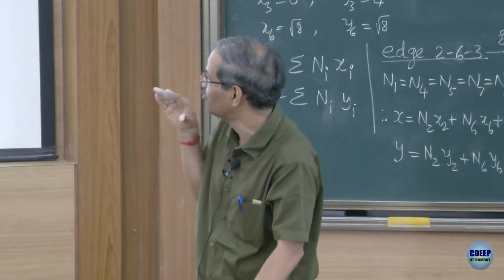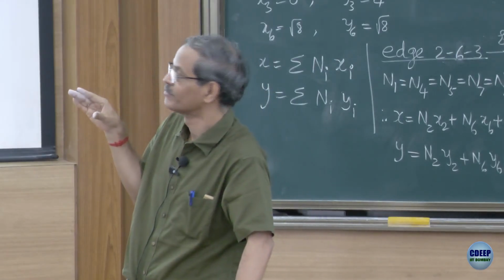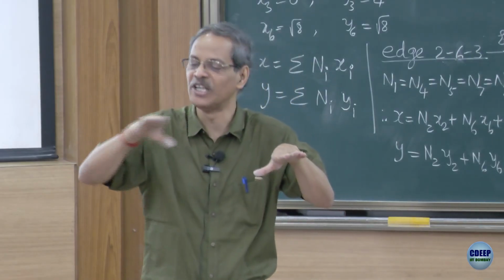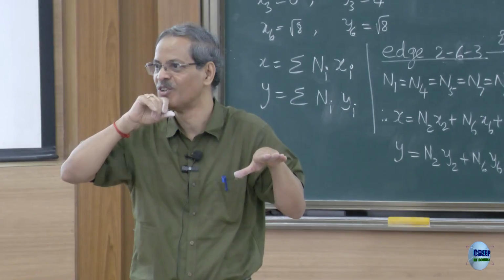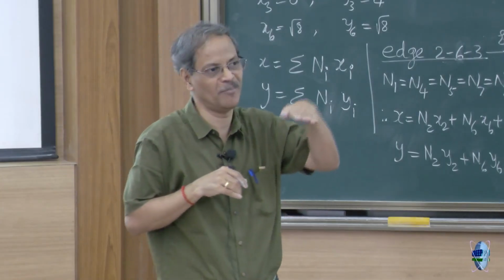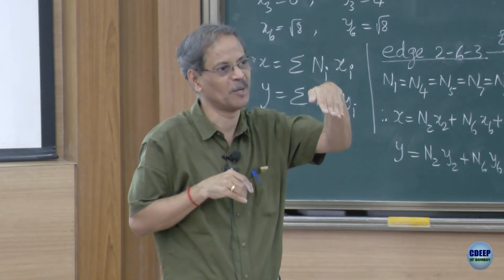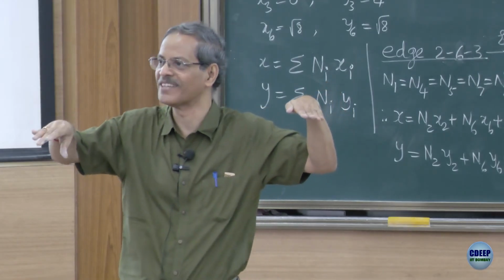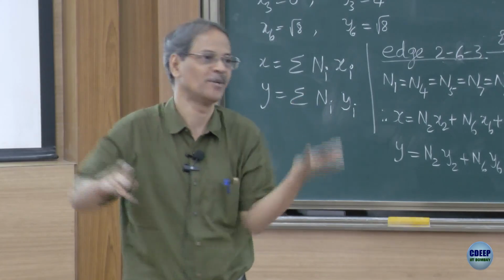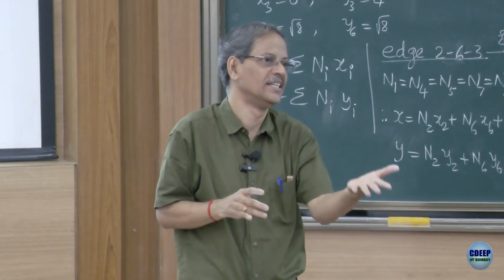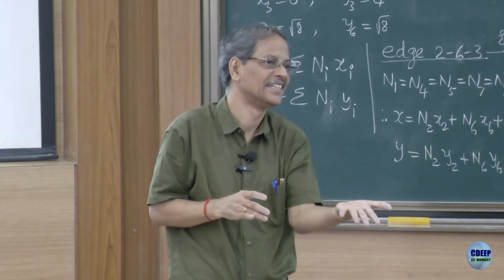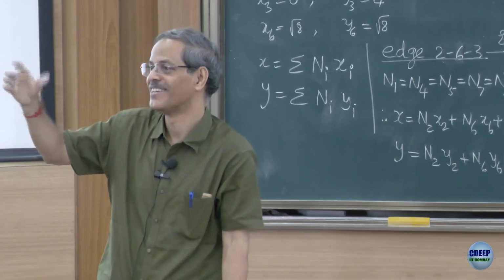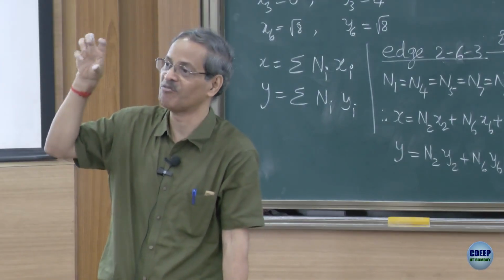So sometimes I may use the same shape function for both geometry modeling and field variable modeling, or sometimes I might model the geometry with higher order shape functions, but the field variable does not vary much, so I might use lower order. Or sometimes the geometry may be simple, so linear shape functions would be good enough, and the field variable is sharply varying, so I will need to use higher order shape functions for the field variable.